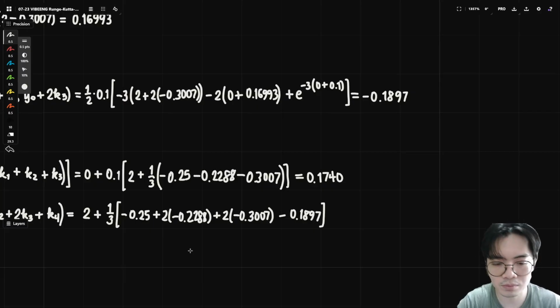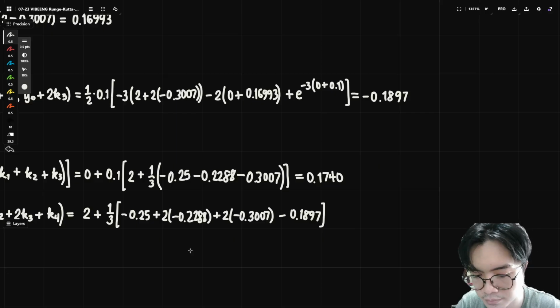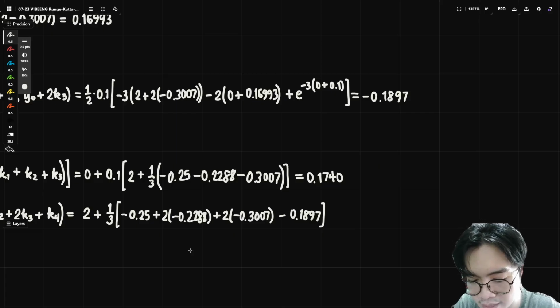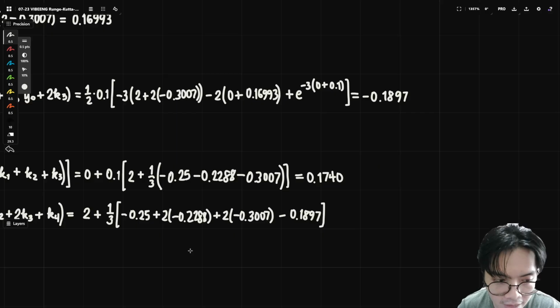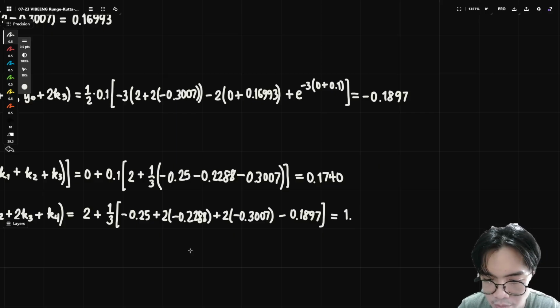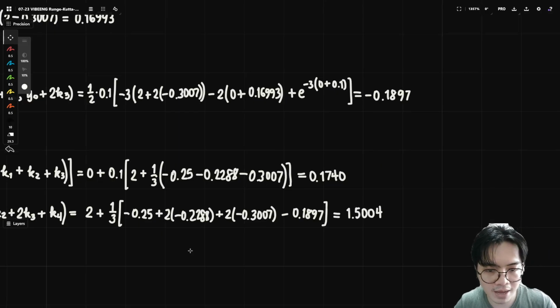So let us put that all together. 0.25, 2 times 0.2288, 2 times 0.3007, 0.1897 afterwards. We will have 1.5004. Yan ang ating bagong value.